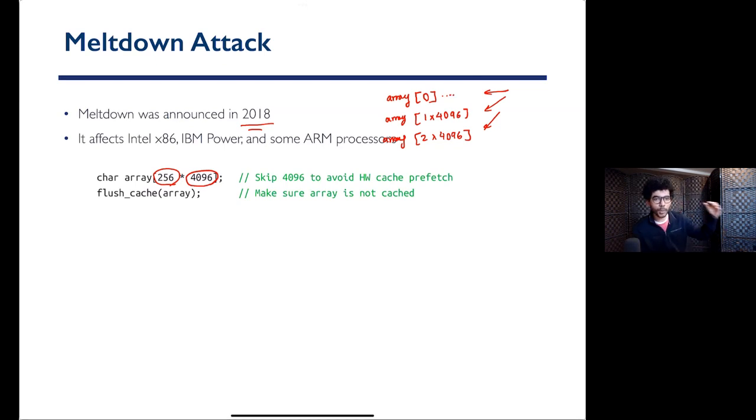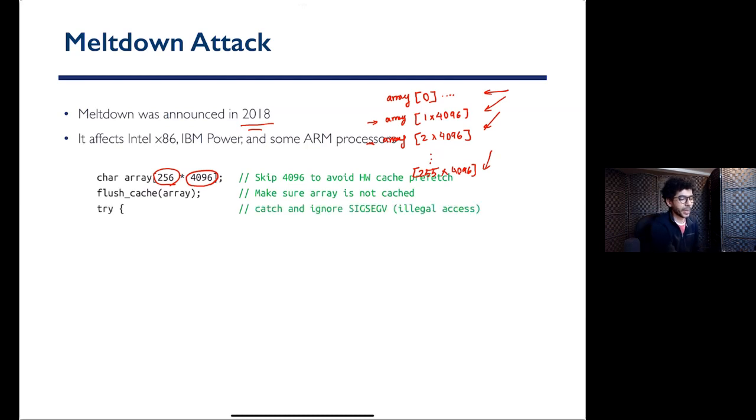Because if they're in the same block, then I have a problem, because cache works with blocks. I want each one of these, all the way to 255 times 4096. So now I'm making sure that each one of these is in a separate block.